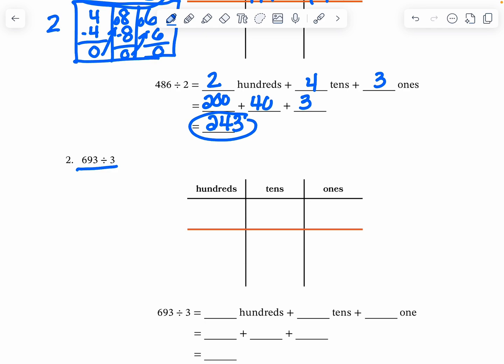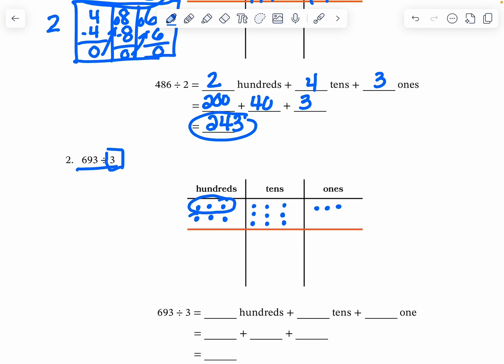Using the place value chart, I'm going to put 6 dots to represent 600, 9 dots to represent 90, and 3 dots for the ones. But this time it wants us to divide it into groups of 3.